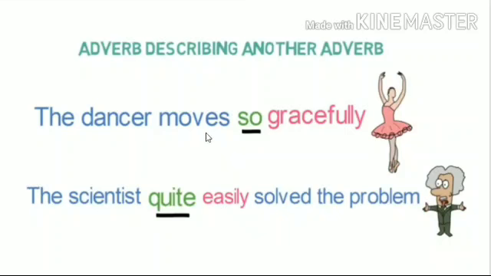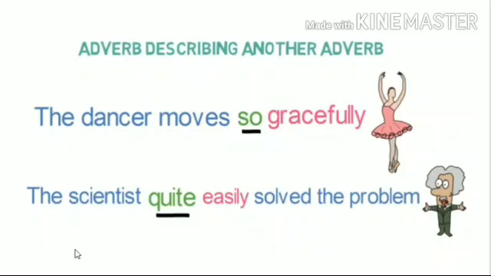Now you can see the word so before gracefully. That means the word so is describing the adverb gracefully. So means very. The dancer moves very gracefully. How gracefully does the dancer move? Very gracefully or so gracefully.